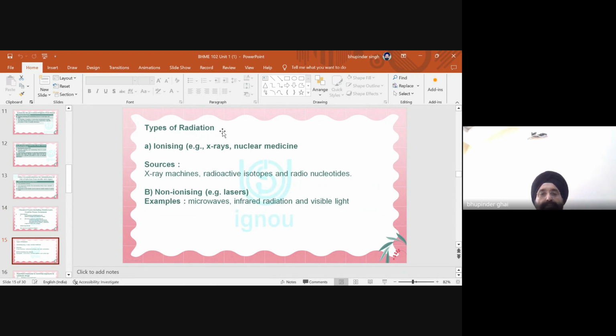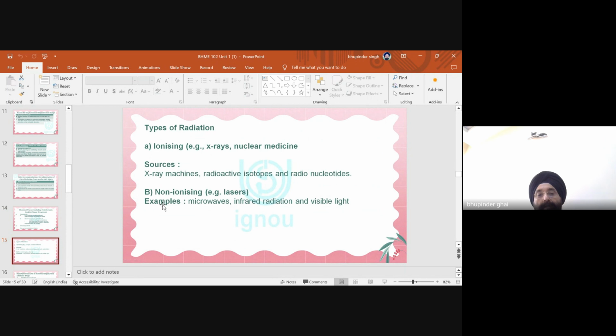Then types of radiation. Radiations are of two types. One is ionizing and second is non-ionizing. Ionizing radiation is radiation where the electrons come out of the atom. That means in the atom there are electrons, and with the help of radiation, the electron is moved out of the atom.